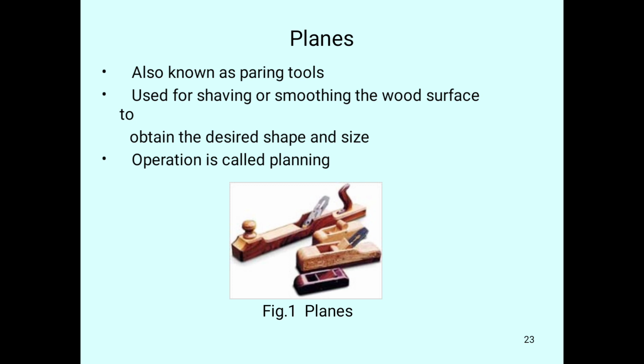Simply, by using a special plane or other planes, we can remove material from the wooden workpieces, smoothing the workpiece by moving the plane on top of the wooden surface. By removing the excess material, we can make our desired shapes and sizes. This operation is called planing operation.